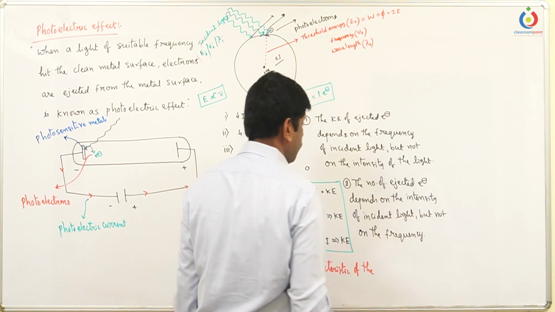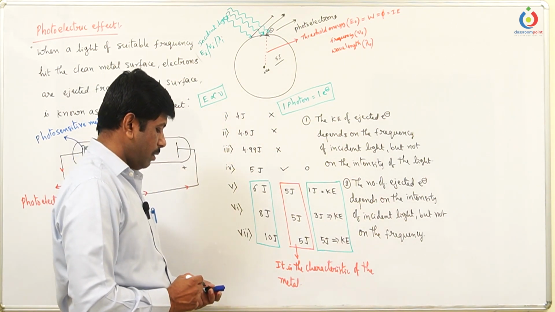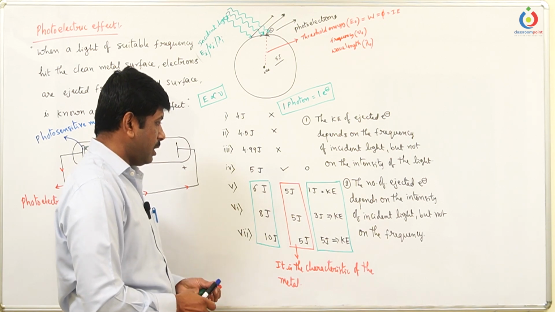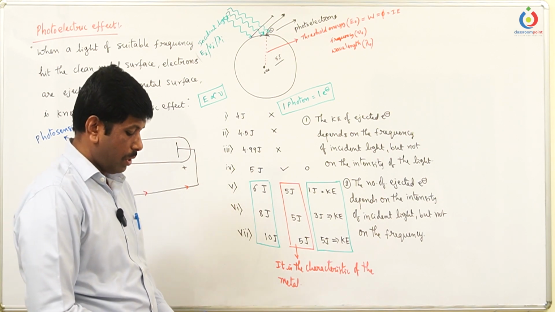Why? Because whatever frequency you increase, frequency increase means energy also increases. So the increased energy helps in increasing the kinetic energy but not in releasing more photoelectrons.